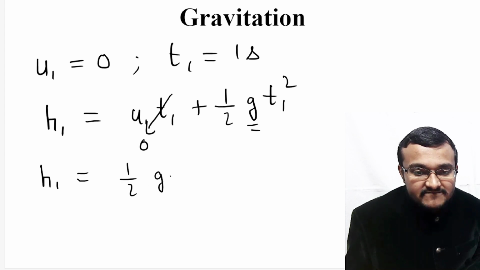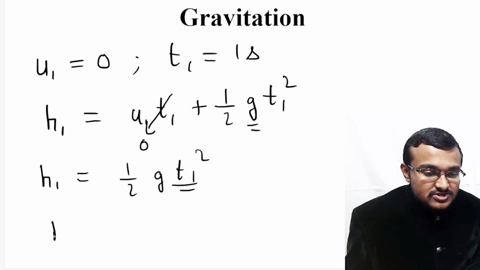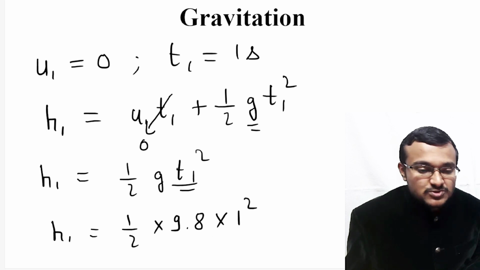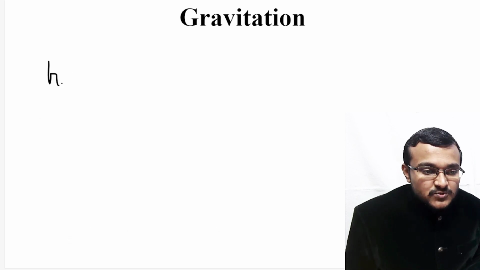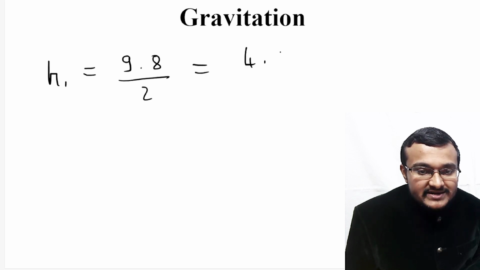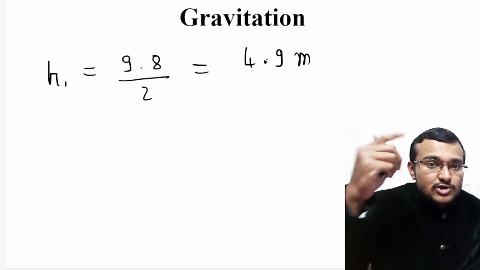So you have half g t1 square. What is t1? t1 is 1 second. So h1 is equal to 1 by 2 into 9.8 into 1 square. So h1 is equal to 9.8 divided by 2, that is equal to 4.9 meter from the top.